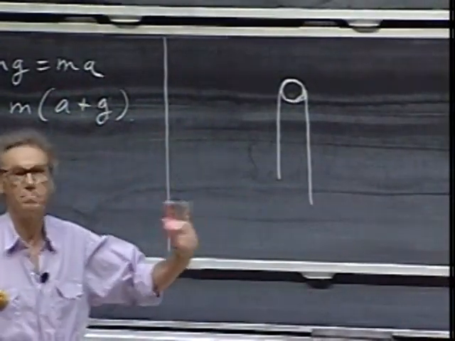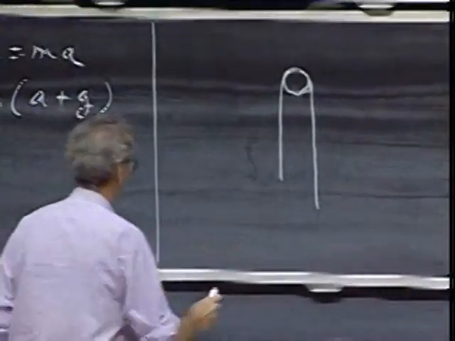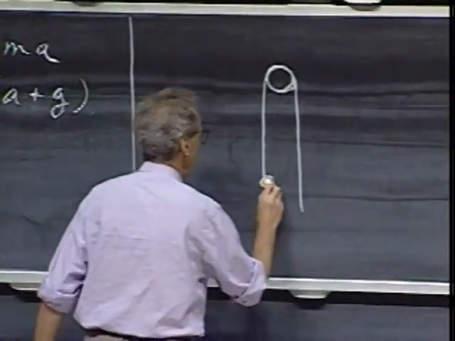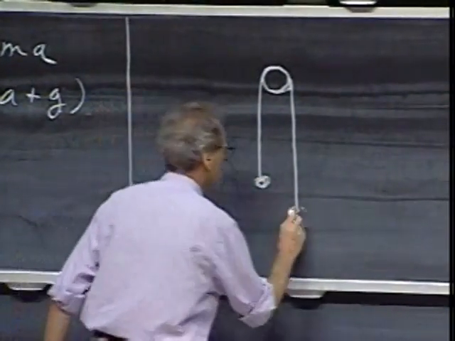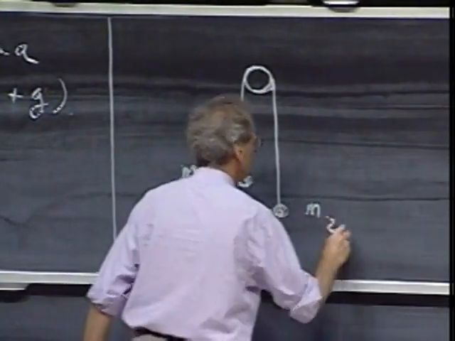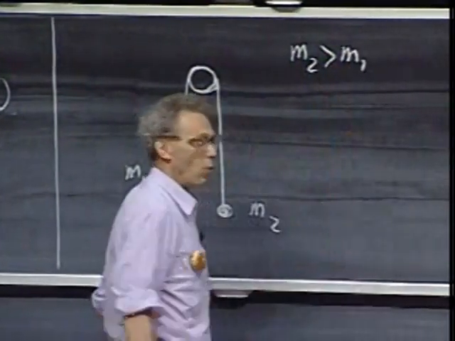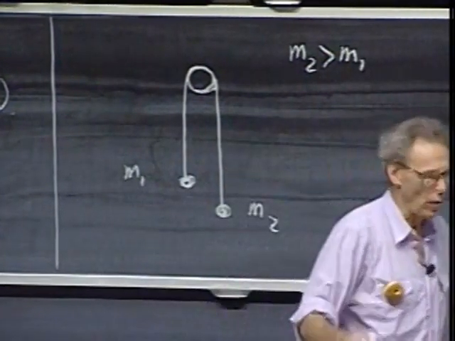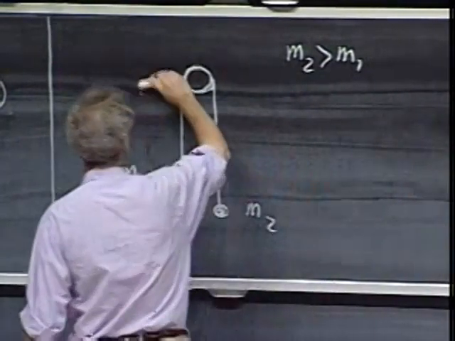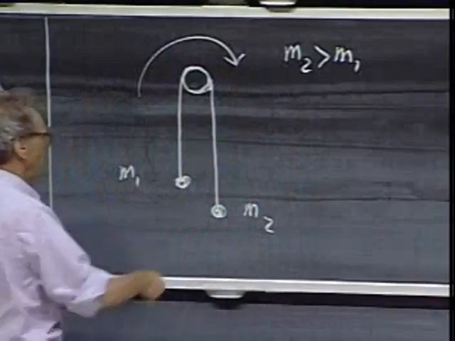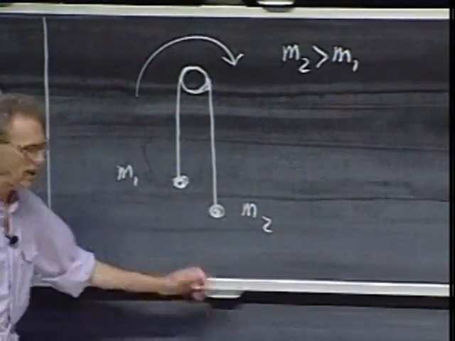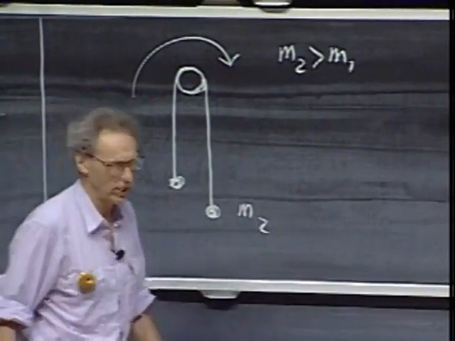Let's just assume that it is massless. And there is here an object m1, and there is here an object m2, and I'm telling you that m2 is larger than m1. So we all know what's going to happen. The system is going to accelerate in this direction. M2 will be accelerated down, and M1 will be accelerated up.